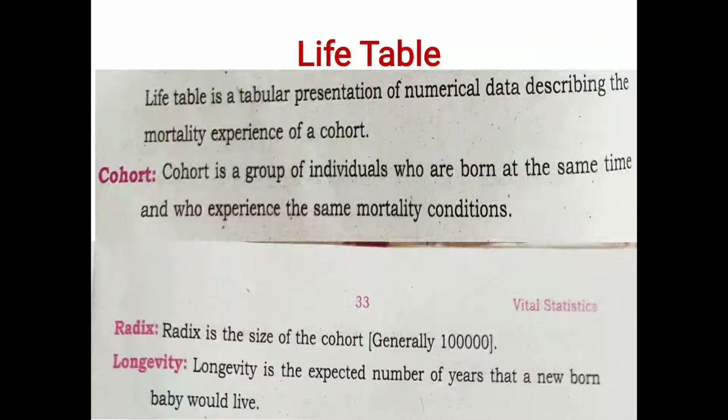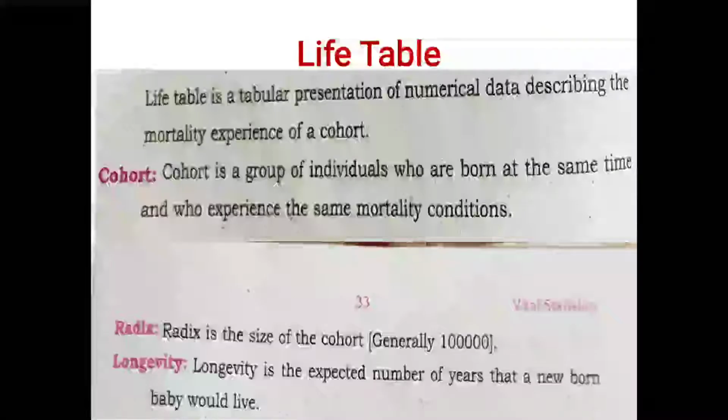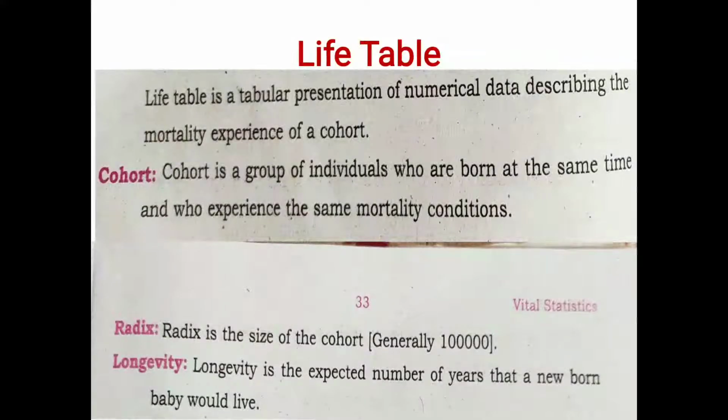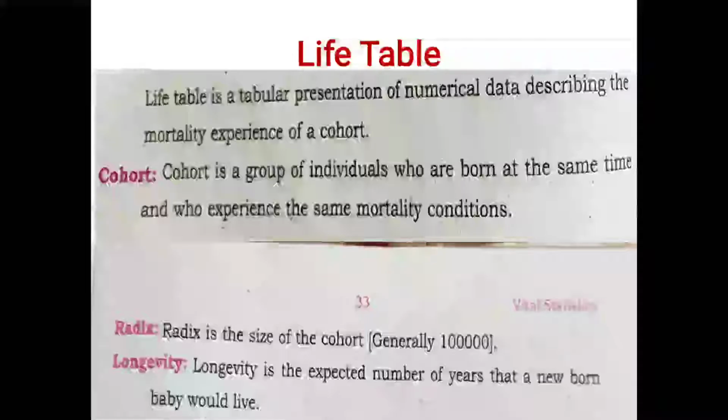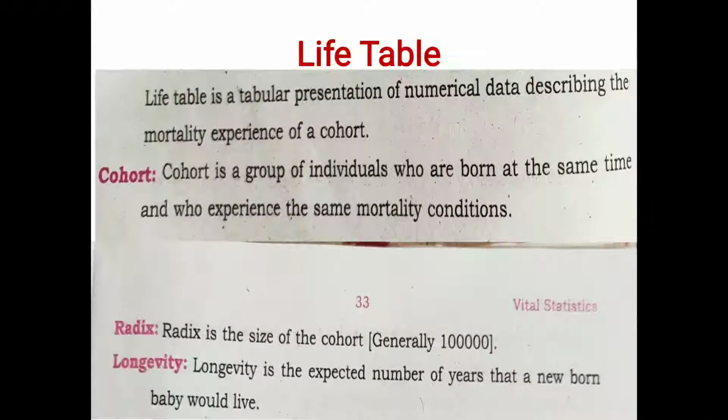Next, the last topic of this chapter, that is a life table. Now let us move on to the topic. What is a life table? A life table is a table which describes the mortality and survival pattern of a population or of an individual.